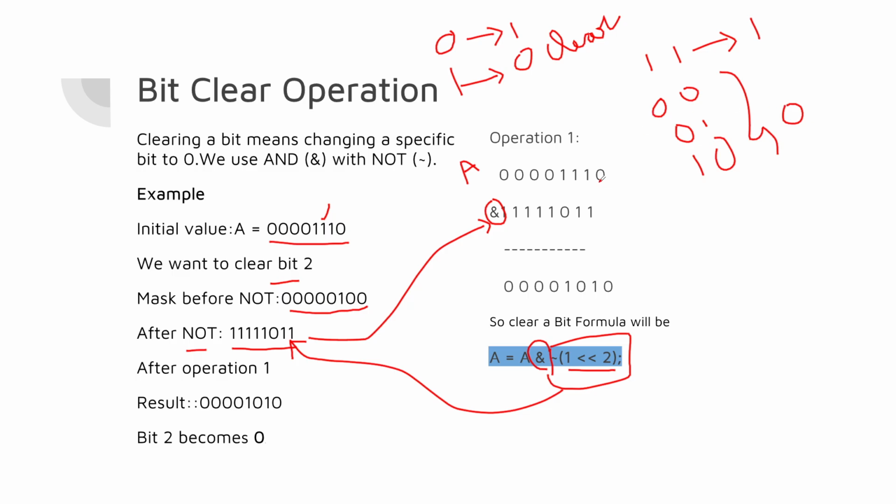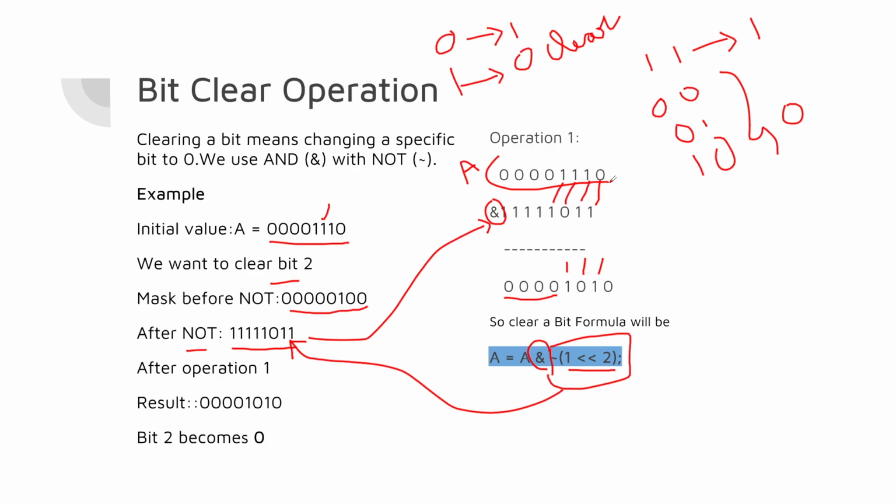If I do 0 and 1, the output will be 0. If both the inputs are 1, then we get 1. Here one input is 1 and another input is 0, so the value is 0. Here both the inputs are 1, so the value is 1. In all the remaining cases, one input is 1 and the other is 0, so 0, 0, 0.